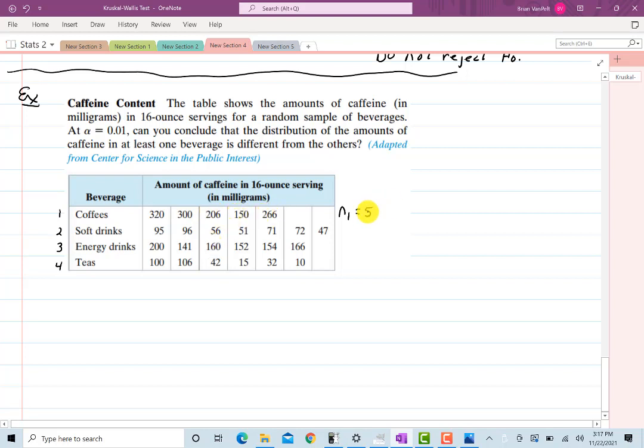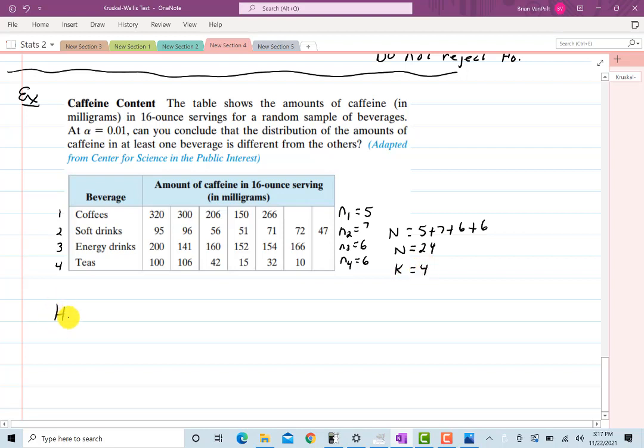That's the minimum number you can have, so that's good. N2 will be 7. N3 will be 6. And then N4 will also be 6. Capital N will equal 5 plus 7 plus 6 plus 6. That will equal 24. And then finally K, there's a total of 4 of them. So I've got all those numbers down.